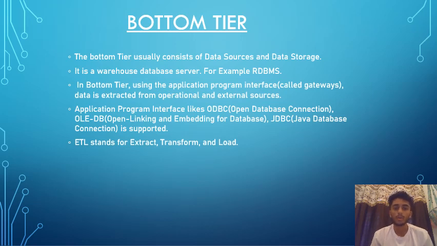Let's discuss one by one. Bottom tier. The bottom tier usually consists of data sources and data storage. It is a warehouse database server, for example, RDBMS. In the bottom tier, data is extracted from operational and external sources using application program interfaces called gateways.